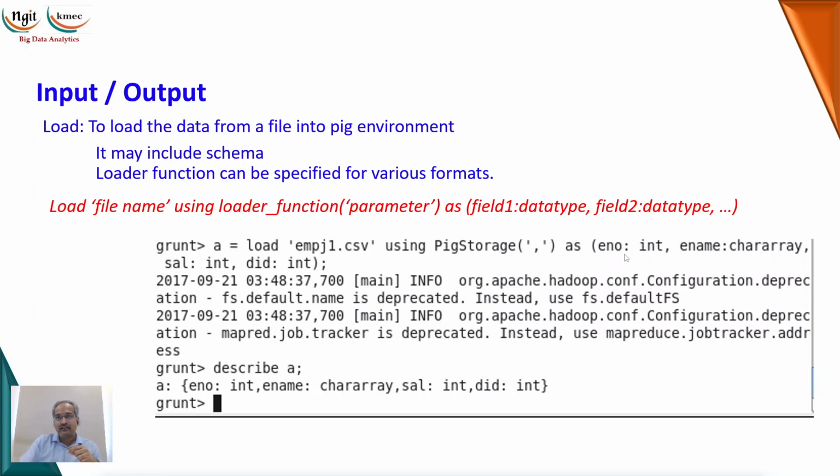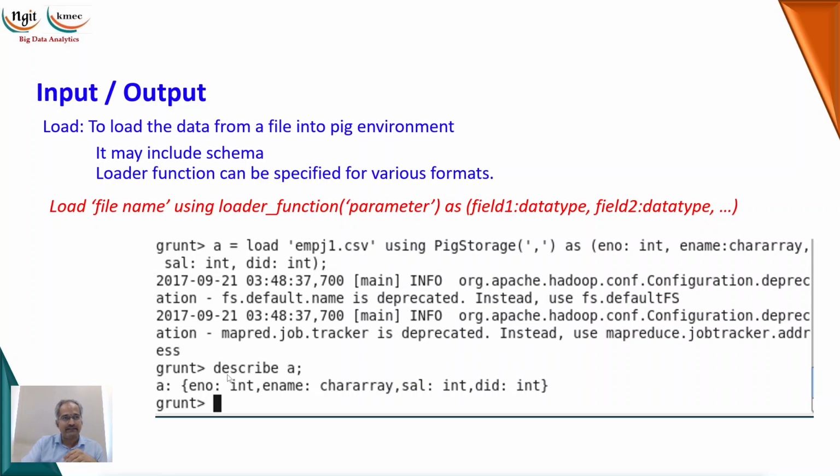And eno int, ename chararray, salary int, did int, because the data in empj1.csv is in that structure. How the structure is available in the data set, the same structure you have to provide here. So before writing this load function, first of all, you should know what the data given is. You should be aware of that. Then you can load the data set.